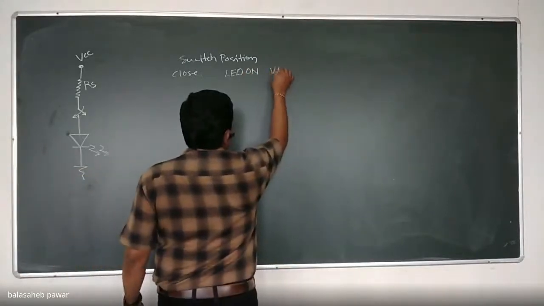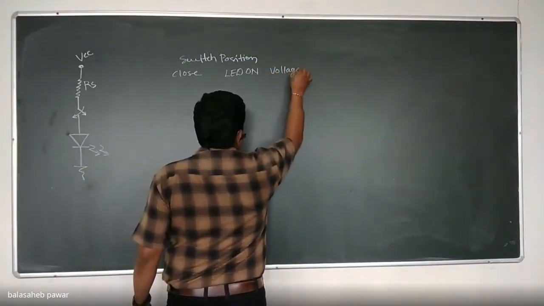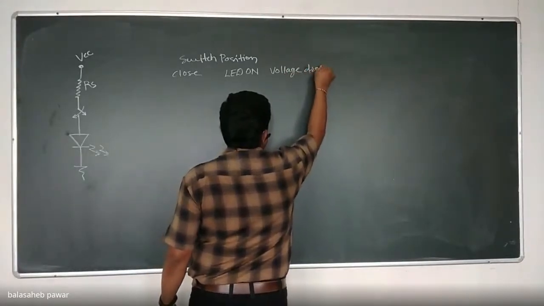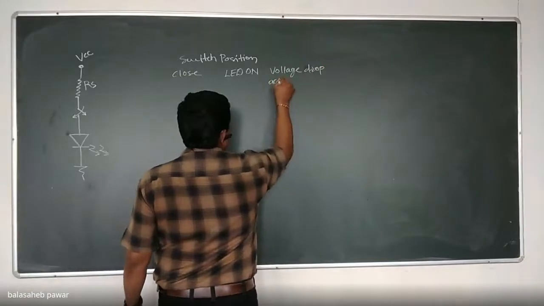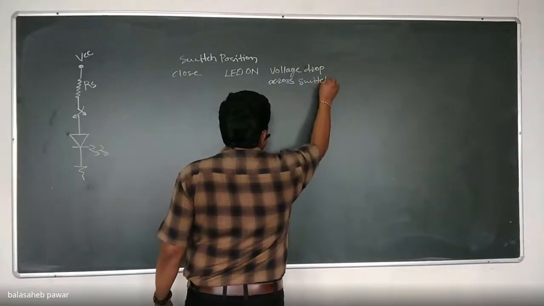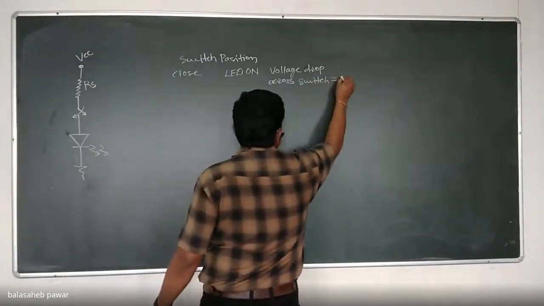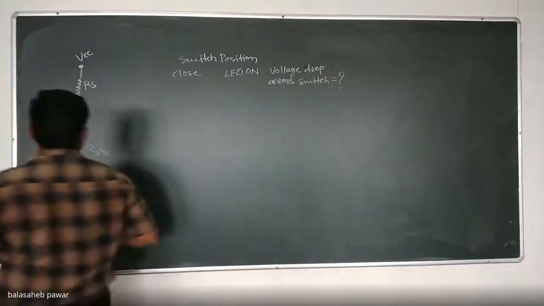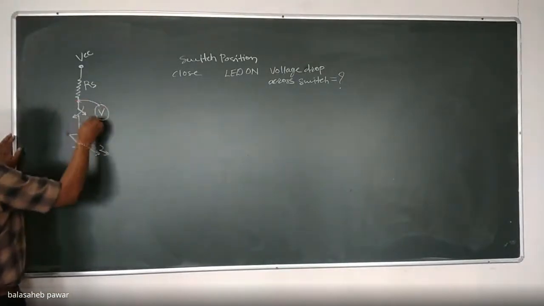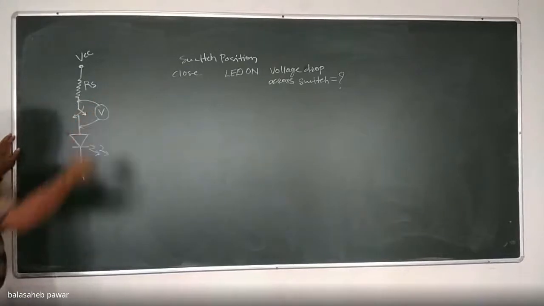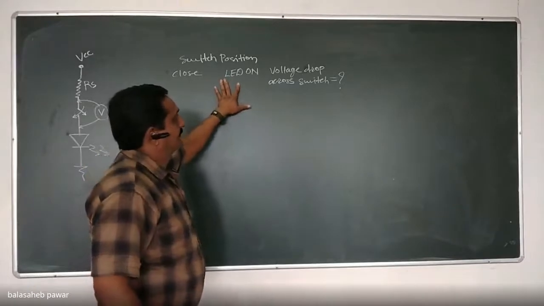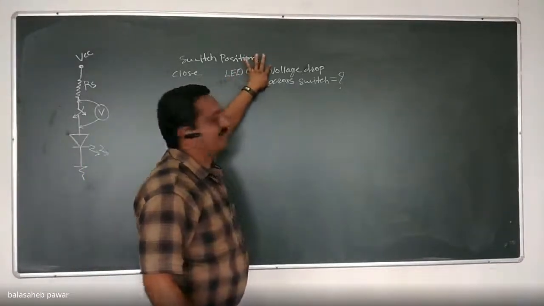Then the voltage drop across the switch is equal to how much? If I measure the voltage drop across this switch whenever it is in the first position, that is the closed position, and the LED gets turned on, correct now? Now the question is, how much will be the voltage drop across this switch?